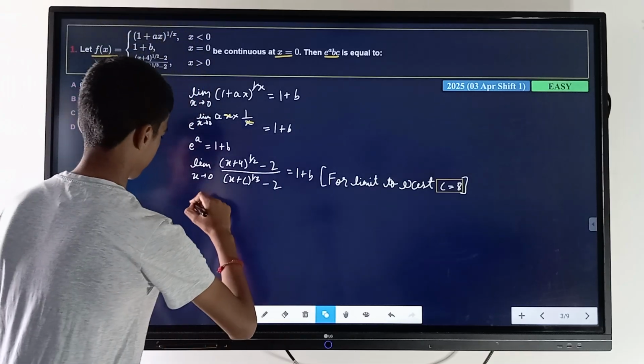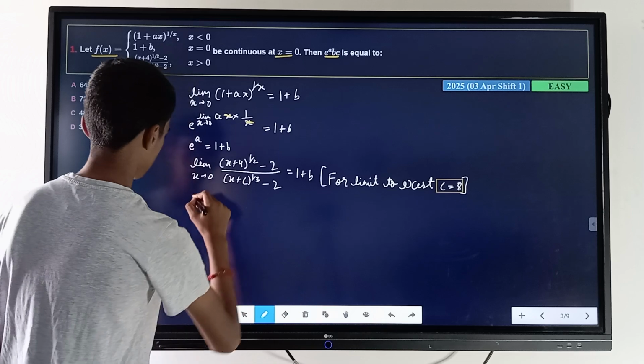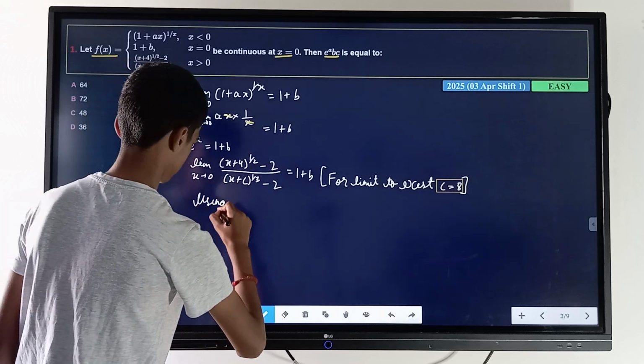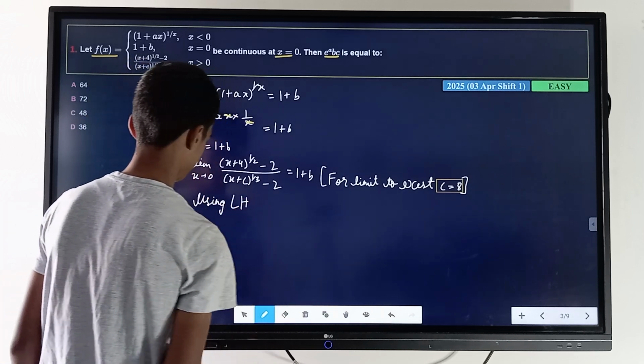Now here we are going to use L'Hospital's rule.